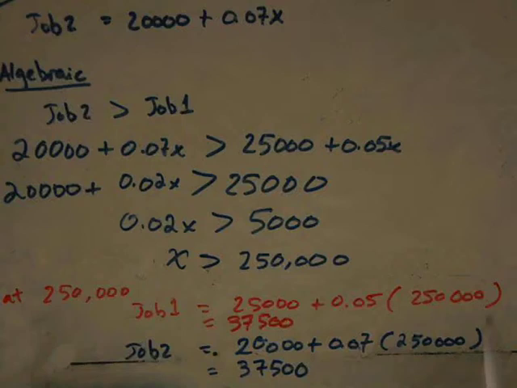And so you see that if she sells $250,000 worth of sales, these two numbers are equivalent. If she sells more than that, the second that she sells more than that, she's going to make more money with the second job.